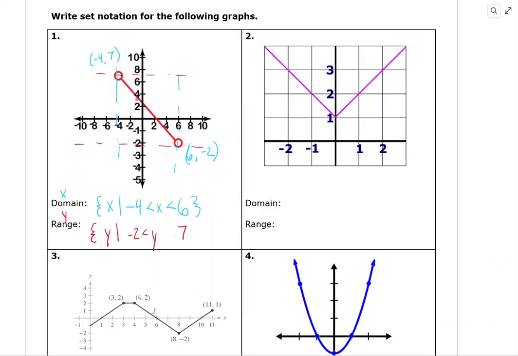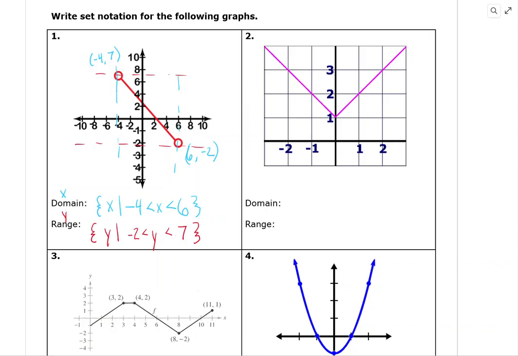And again, we still have open circles, so none of these inequality signs will be equal to. So we know y such that it is greater than -2, but less than 7, because it's somewhere in the middle.